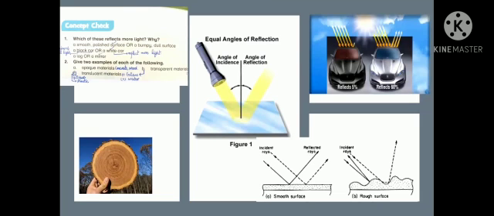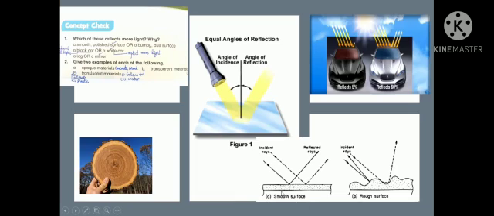Some concept check is there by which you can see which of these reflects more light. Okay students, we have discussed about it. Which surface can reflect more light? Two different types of surfaces are there: a smooth polished surface or a bumpy dull surface. Okay students, you can see here a diagram is given.